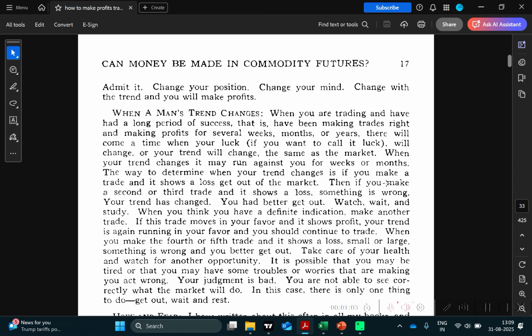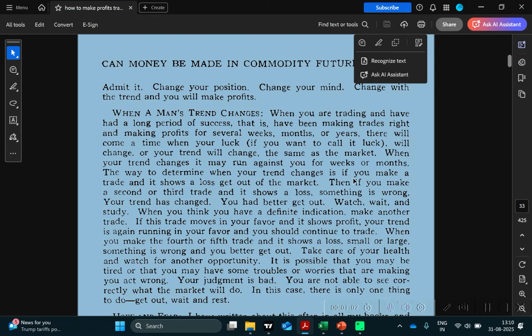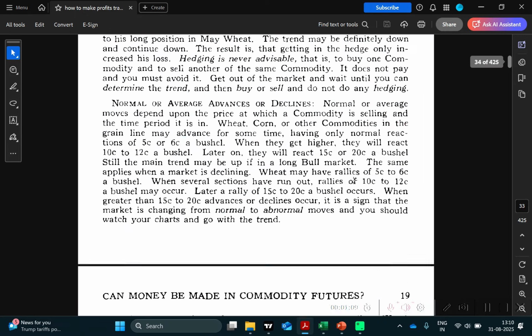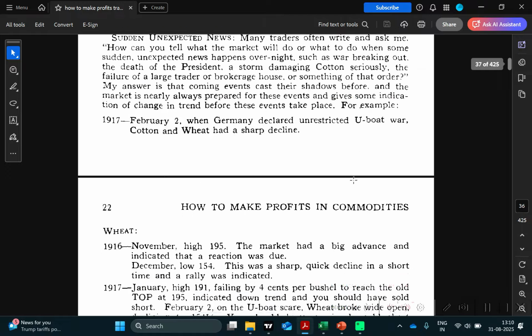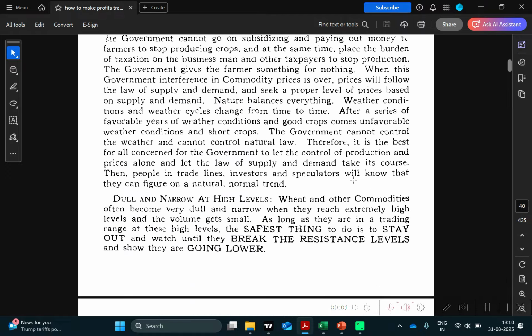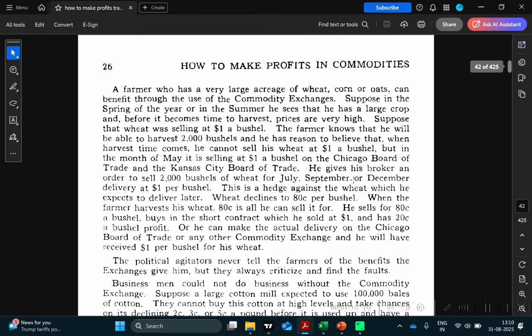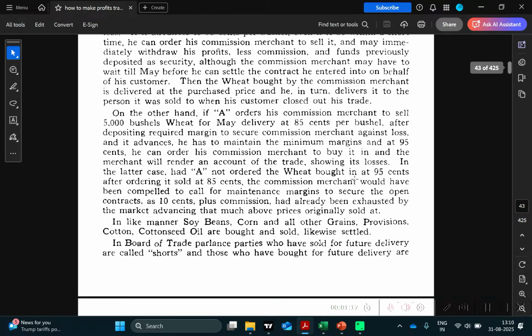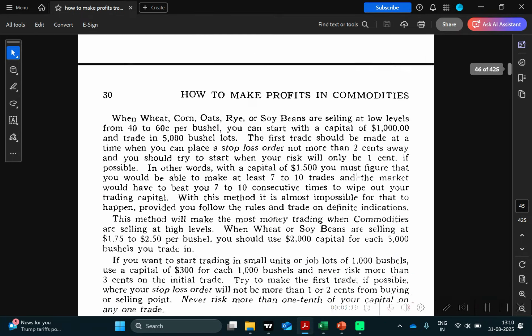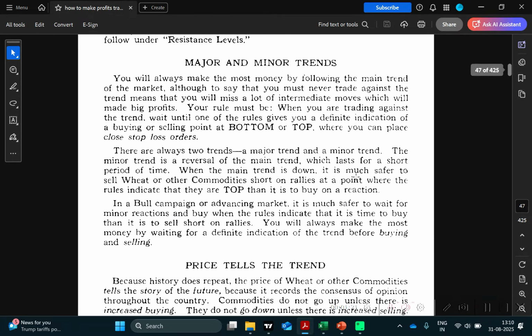This is page number 17, but we need page 33 of the book. So let me scroll down.